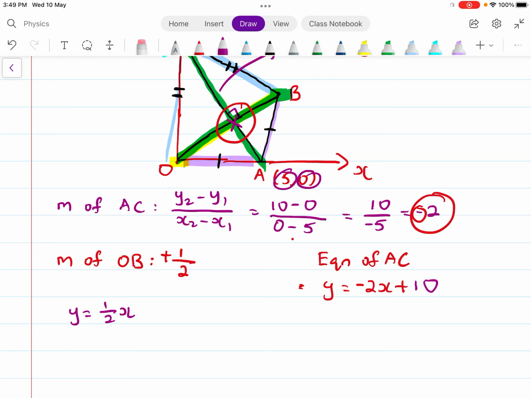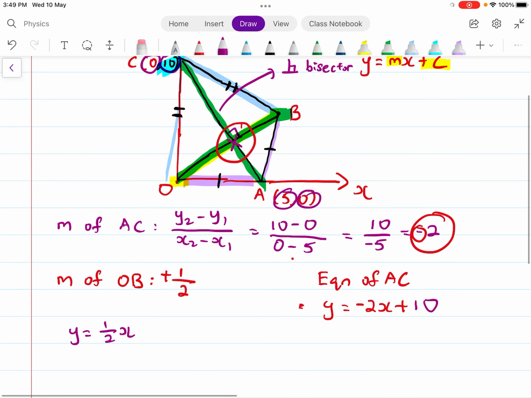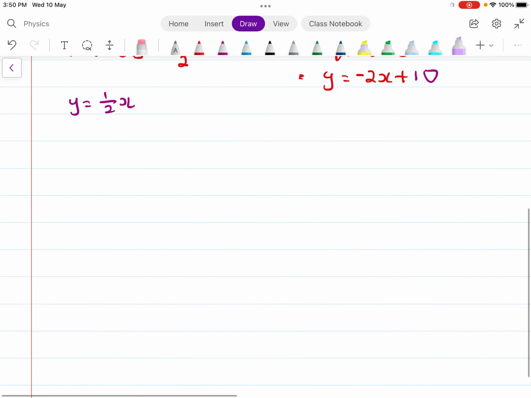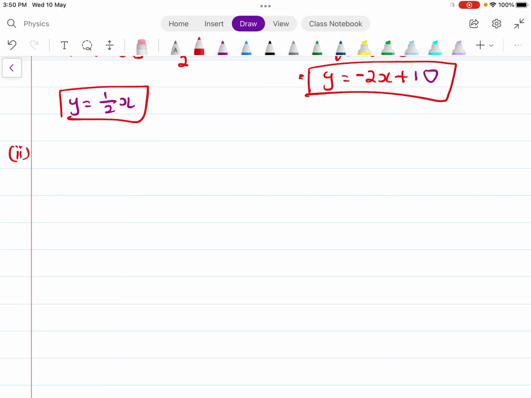Next part is to find the intersection between OB and AC. The intersection is right here. This is part 2. I equate this with this. This is a bit of E-maths already: to find the intersection, you must equate both equations of the lines together.